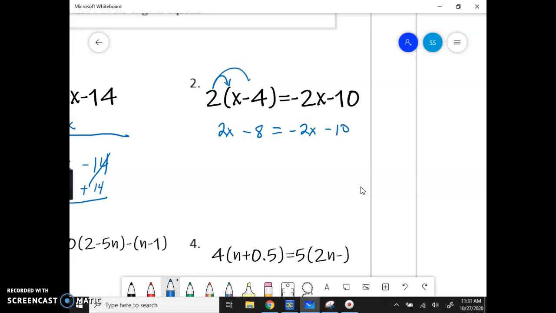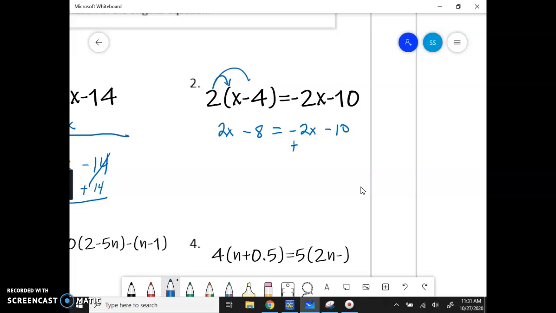Now I want to eliminate the smaller of the two coefficients. Again, the coefficient is the number in front of the variable, so we have 2 and negative 2. Negative 2 is smaller than positive 2, so I should try to eliminate this term here. How do I get rid of a negative 2x?